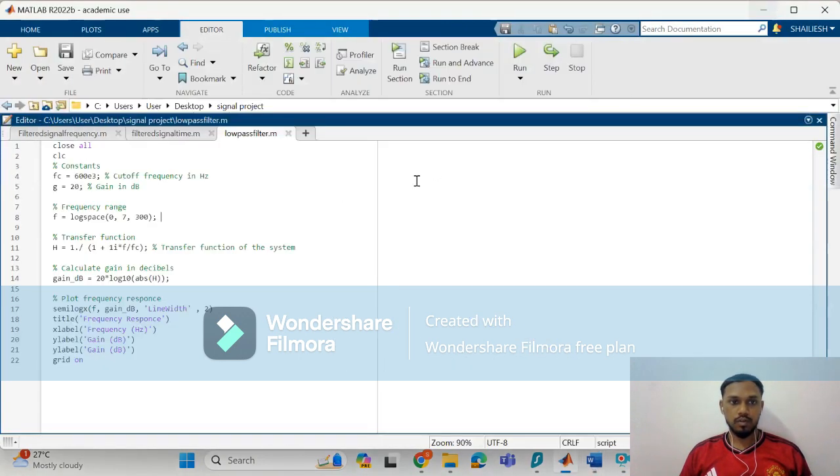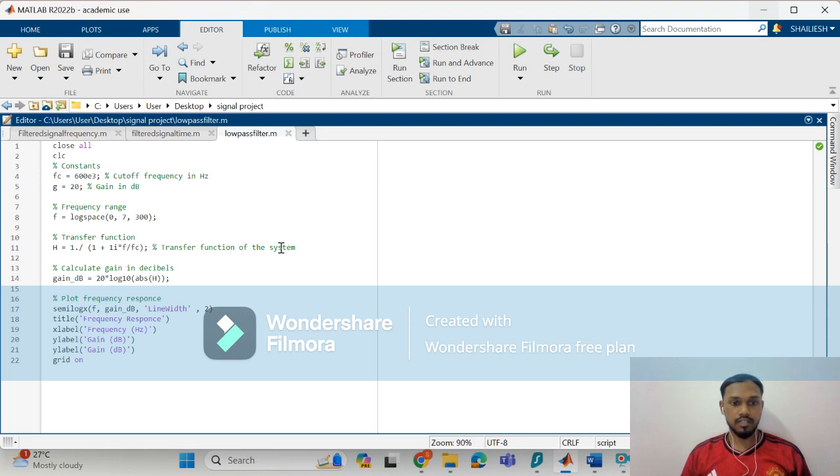Now we see the coding for the low pass filter in MATLAB. This is the coding. fc is equal to 600 kilohertz. This is our cutoff frequency in hertz. Our frequency range is logspace 0 to 7300. The transfer function is H equals 1 divided by 1 plus j times f over fc.